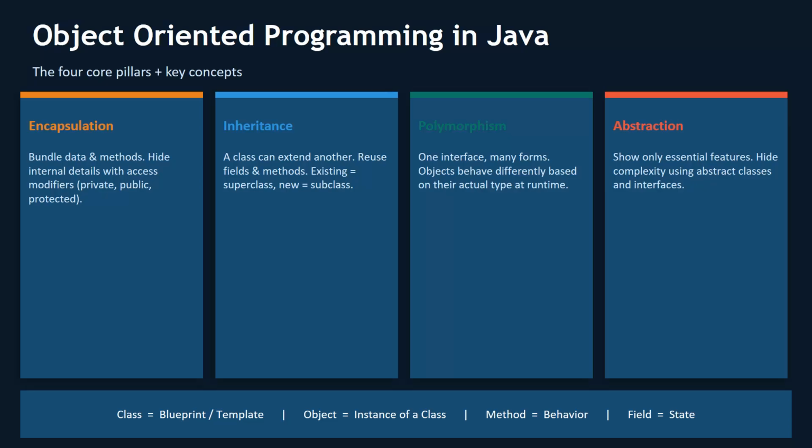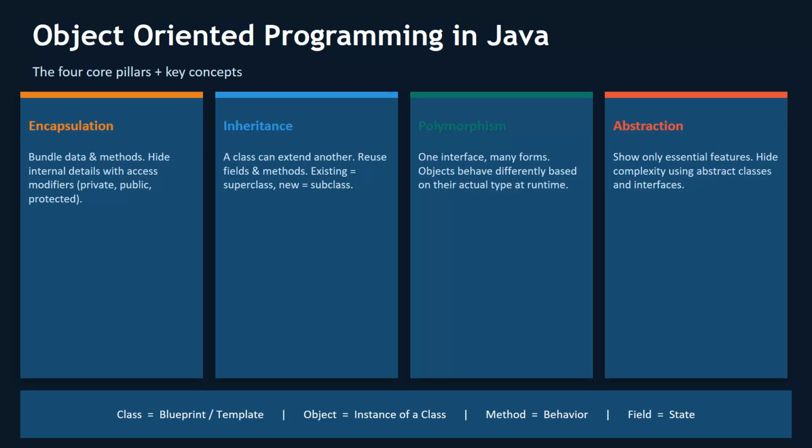Then polymorphism. By polymorphism we mean one interface can take many forms. An object behaves differently based on its actual type at runtime. Like an animal is a mammal, a cow is a mammal, a human being is a mammal.